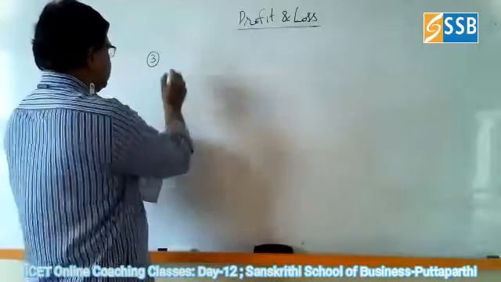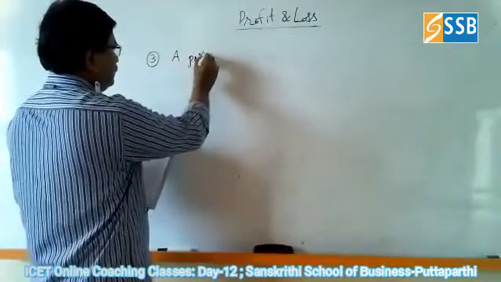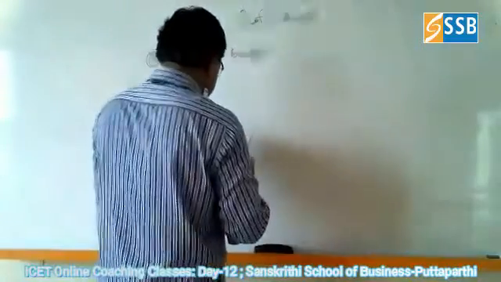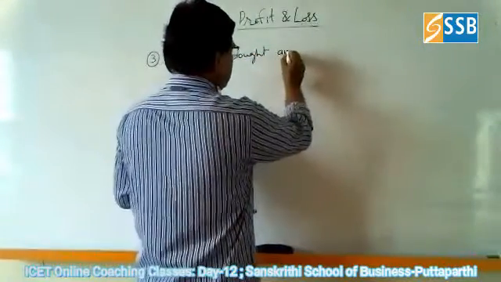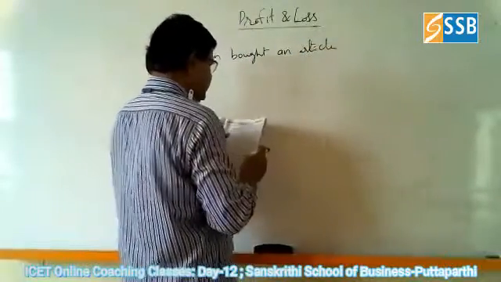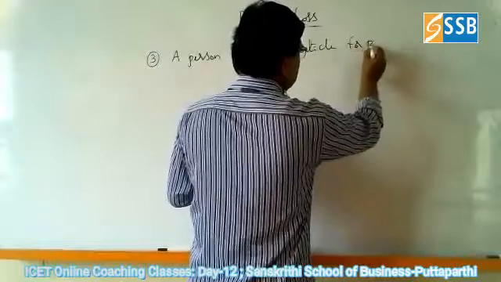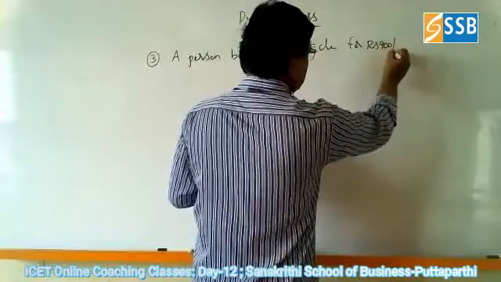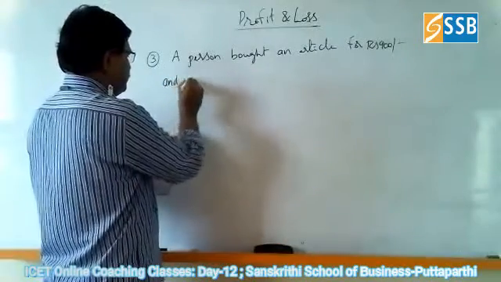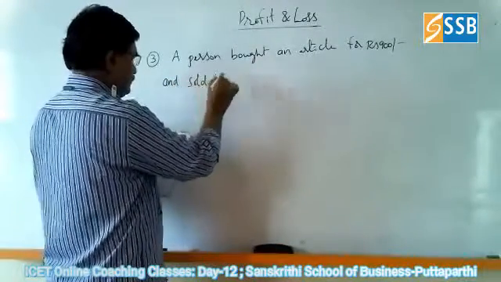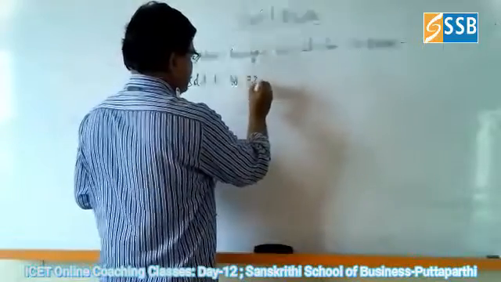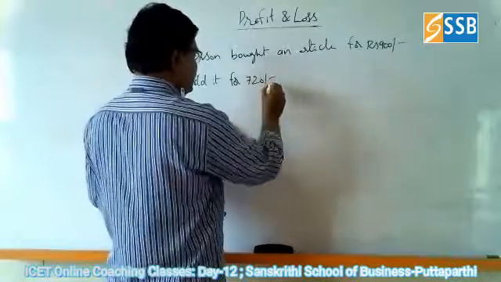A person bought an article for rupees 900 and sold it for rupees 720. Find the loss.